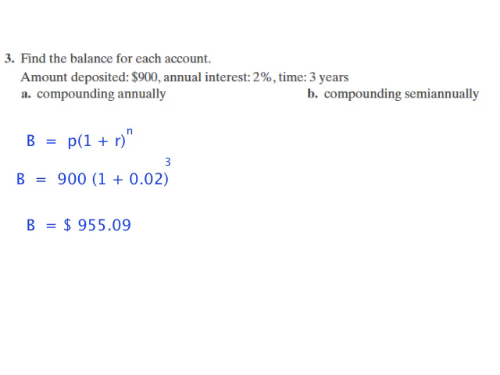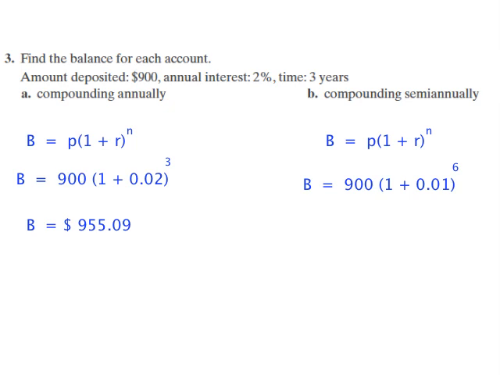For B, we're still doing compound interest, so B equals P times the quantity 1 plus R to the nth power. Our principal is still $900, but then things change. Our interest rate will only be 1% because it's compounded semi-annually, which means twice a year, so we have to take the annual interest and divide by 2. So that's 1%, which is 0.01.